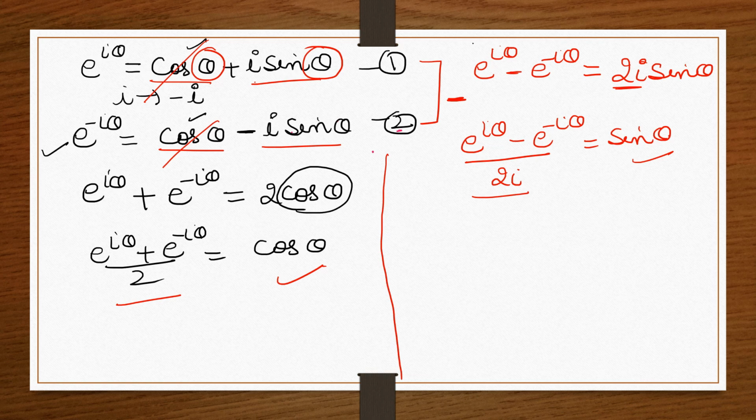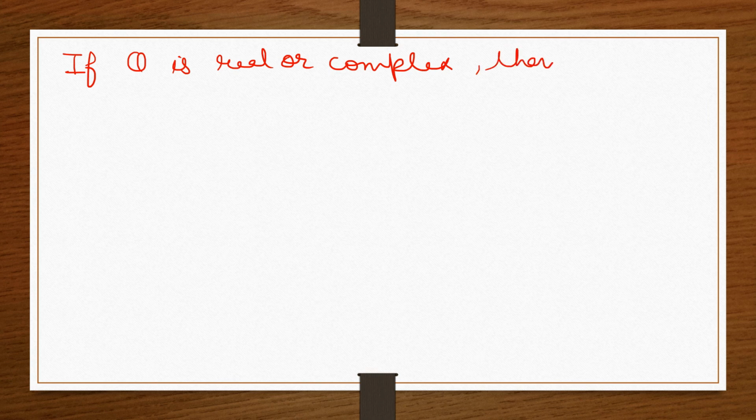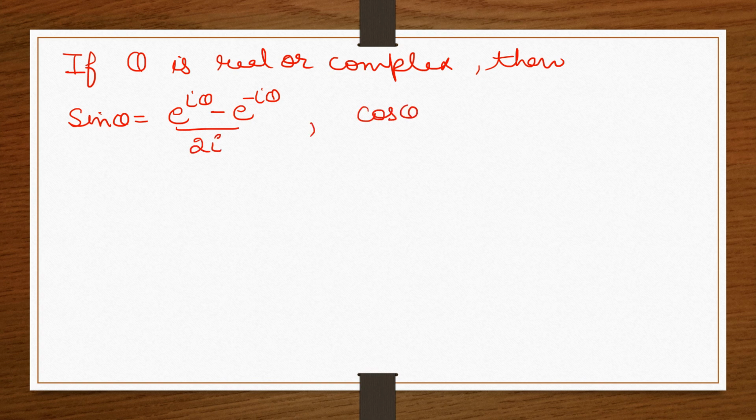So if theta is real or complex, then sin theta will be equal to e power iota theta minus e power minus iota theta over 2 iota. And cos theta equals e power iota theta plus e power minus iota theta over 2.